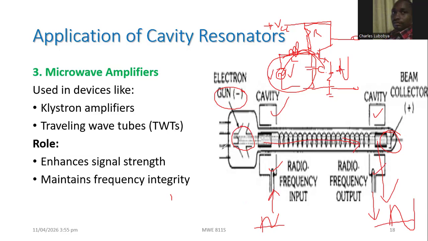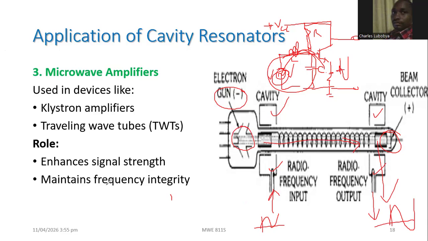The only difference between an amplifier and an oscillator is that with an oscillator, you first inject a small DC voltage, right? Whereas for an amplifier, you need an AC signal. You're amplifying the actual signal of interest, which is the baseband signal.